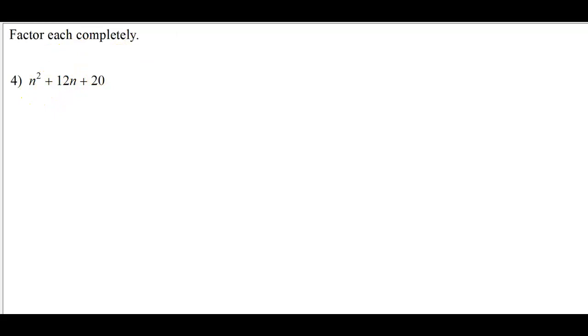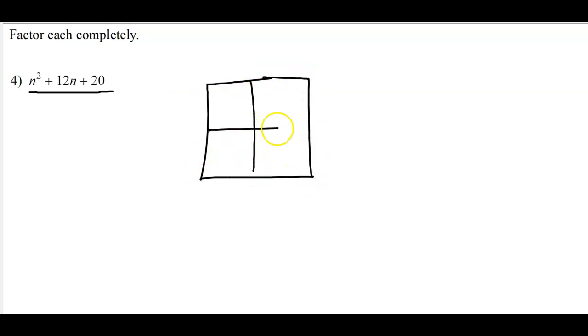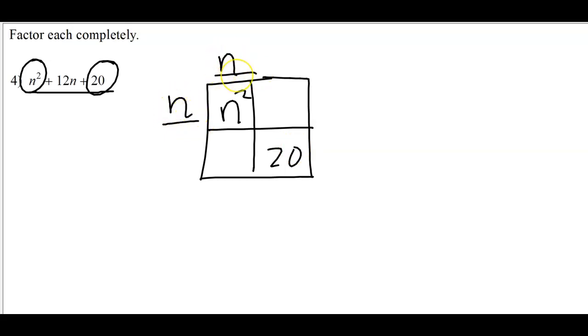This one here is a trinomial, a quadratic trinomial. And with those, we use the box method to factor them. You put the first number in the top left, you put the last number in the bottom right, and then you look for 2 numbers that multiply together to make that top left number. There's only one way to get n squared, and that would be n times n.